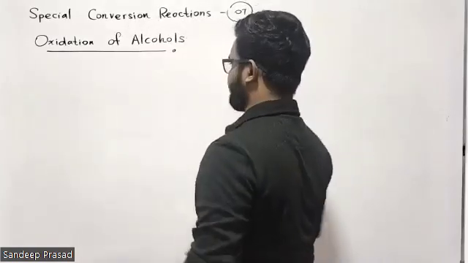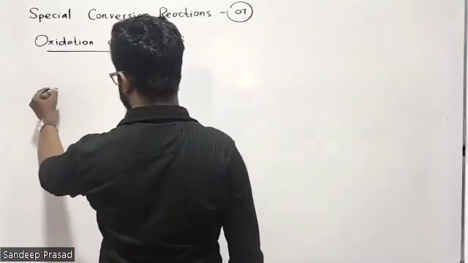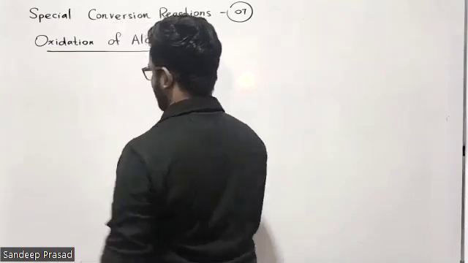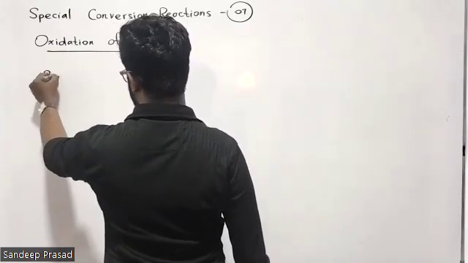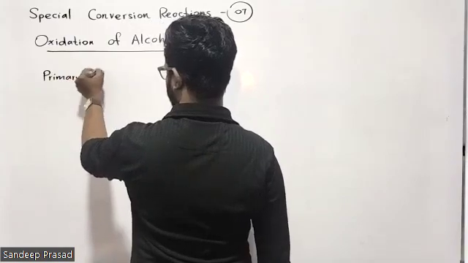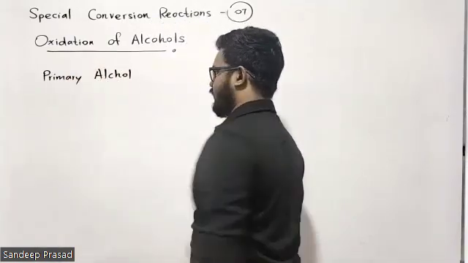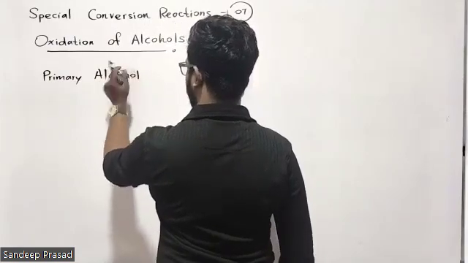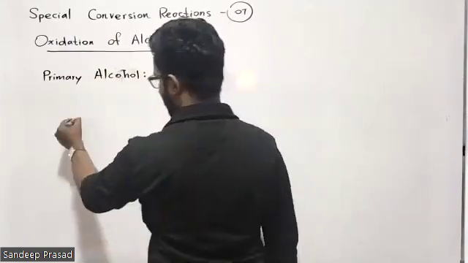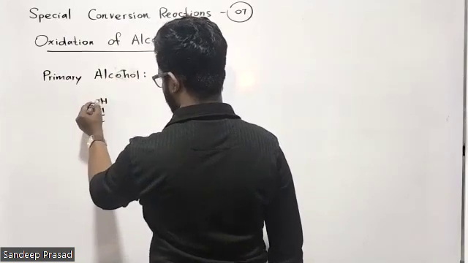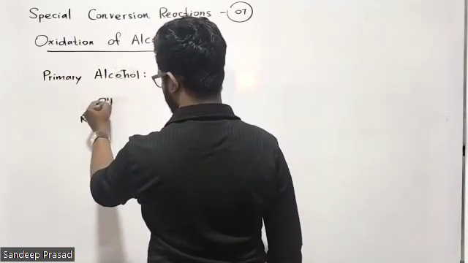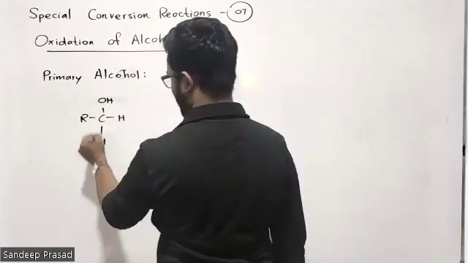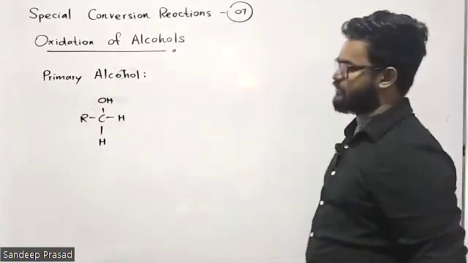Under the oxidation of alcohols, let me consider, first of all, primary alcohol. In the case of primary alcohol, here we have an R group, CH2, and this is the OH group. So only one alkyl group is there, therefore this is primary.